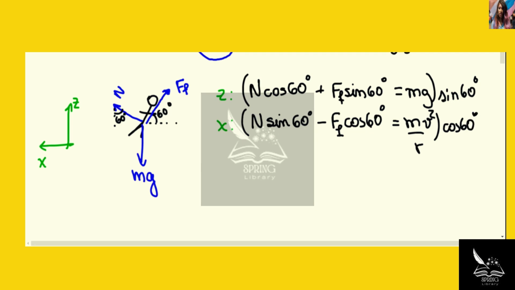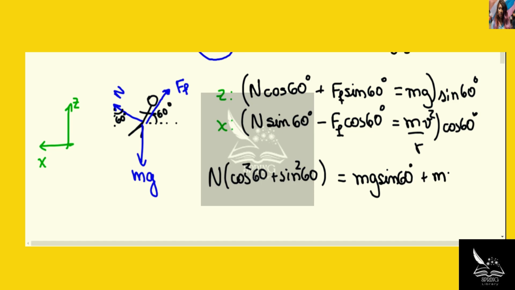Notice that in this case, the f component cancels out, so we're left with n times cosine squared of 60 plus sine squared of 60 is equal to mg sine of 60 plus mv squared over r cosine of 60.